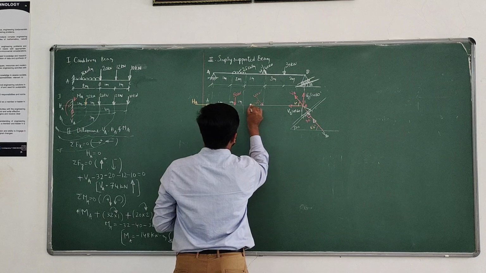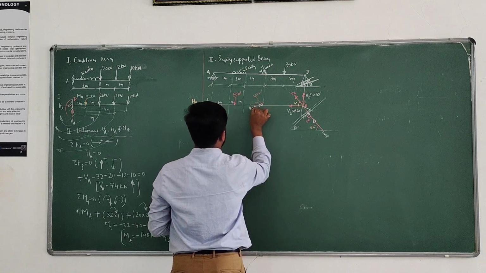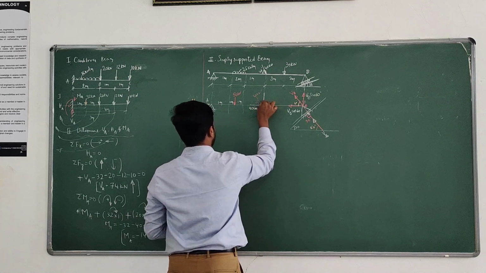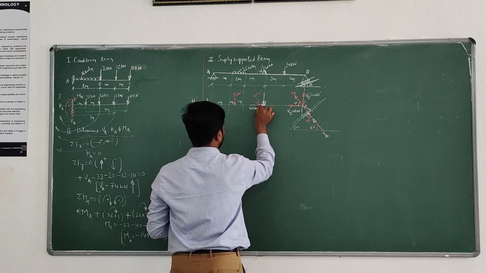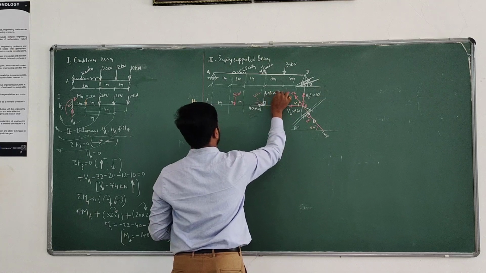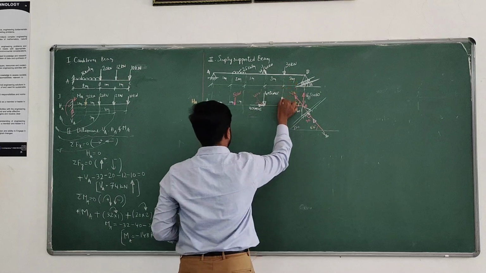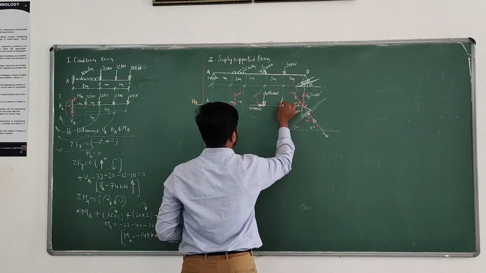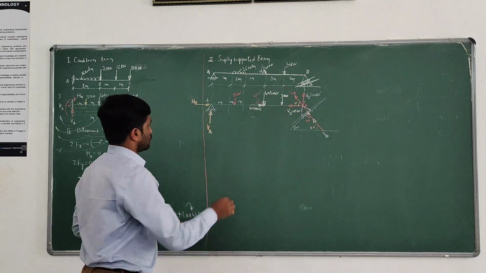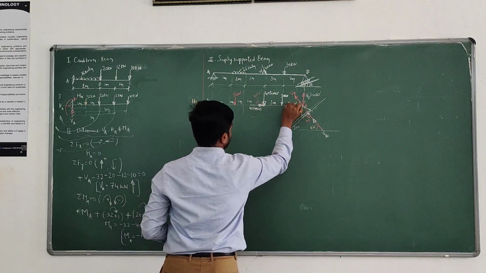Reduce this into point loads: 40 cos 45 vertical downward, and the direction towards the joint is very, very important, so this is 40 sin 45. Next, this 30 is a purely vertical point load, keep it as it is: 30 kilonewton. This distance is also 1 meter, this distance is 3 meters, this distance is 2 meters.